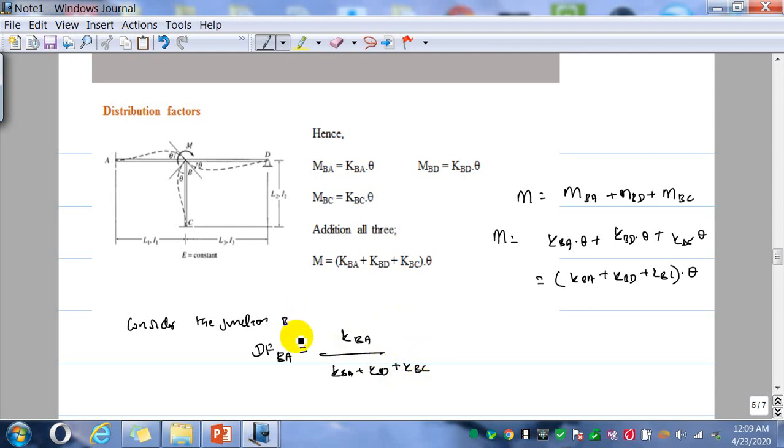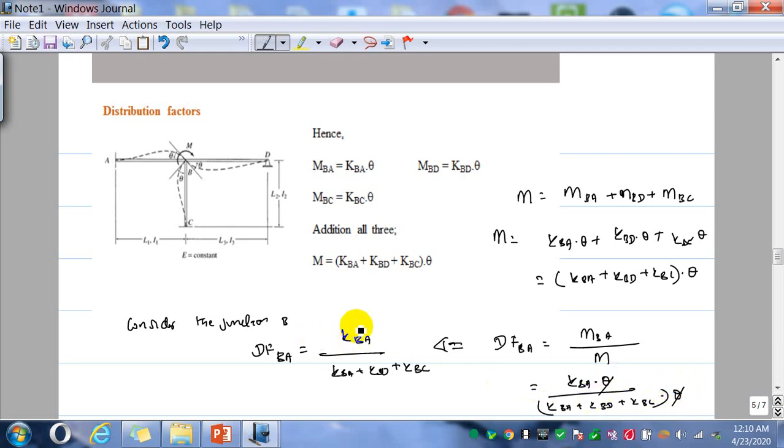The reason is the distribution factor is MBA over M. So the distribution factor BA is equal to MBA over M. MBA is K_BA into theta, M is (K_BA plus K_BD plus K_BC) into theta. So theta cancels out.